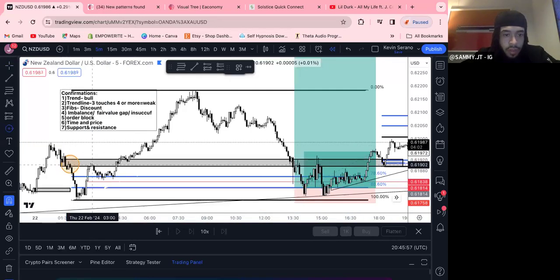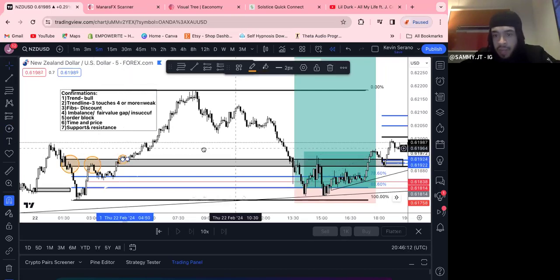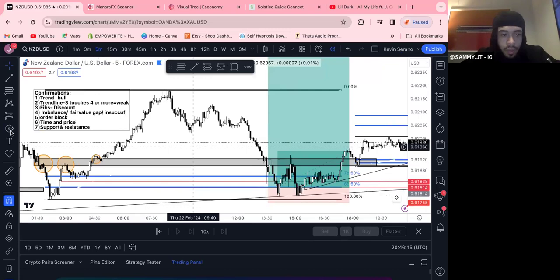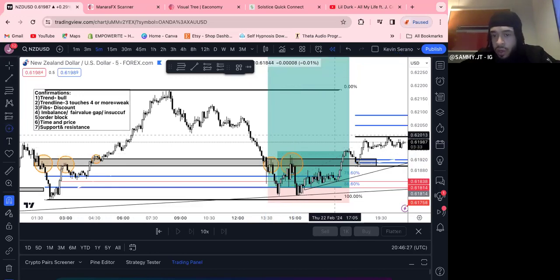We have resistance. We have support. It's come back to this area here. What did we get? We got resistance. Okay, we got more resistance. Then what it's done is it's broken it, and now used it as support.